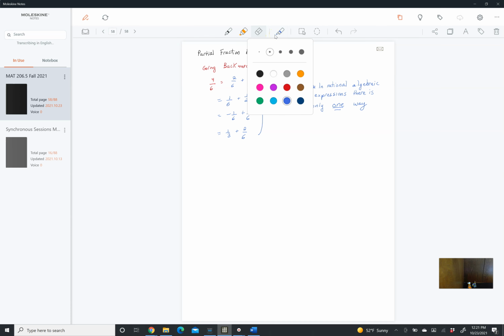So when we talk about partial fraction decomposition, what we're doing is we're saying, how can we write a rational expression as the sum of simpler rational expressions? So let's write that down.